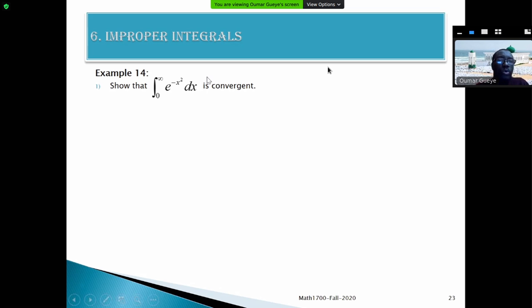If the square wasn't here, if it was just e to the power negative x, yes, the integral would be easy because the antiderivative would be exactly equal to minus e to the power minus x, and we can calculate the limit. Because of the square, we don't know the antiderivative.